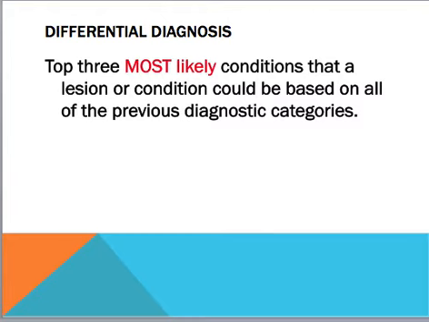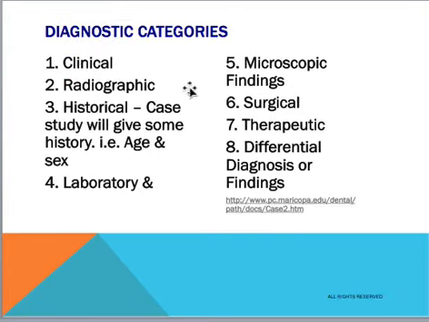For example, you may have ordered laboratory diagnosis type studies. You may have ordered a blood test for a patient that you may suspect of having Paget's disease. A typical blood test that we might order for that type of patient would be serum alkaline phosphatase. So blood tests will play a role in your differential diagnosis, just like the rest of the categories.